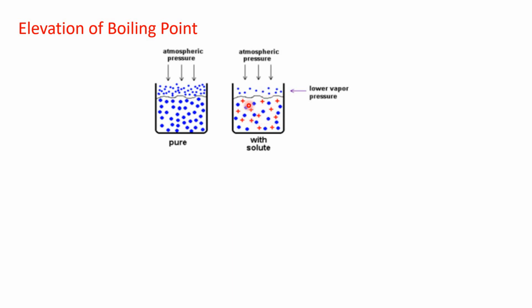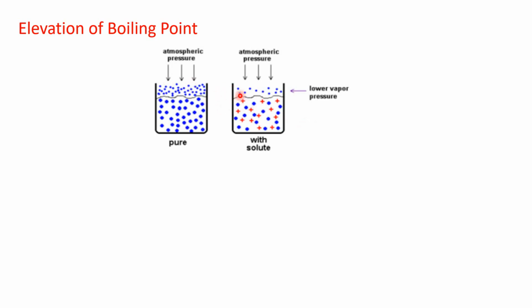From those portions, the pure liquid cannot get vaporized. So the amount of vapor formed is less. As the amount of vapor formed is less, the pressure exerted by the vapor on the surface of the liquid, or the vapor pressure of the pure liquid or solvent, decreases.